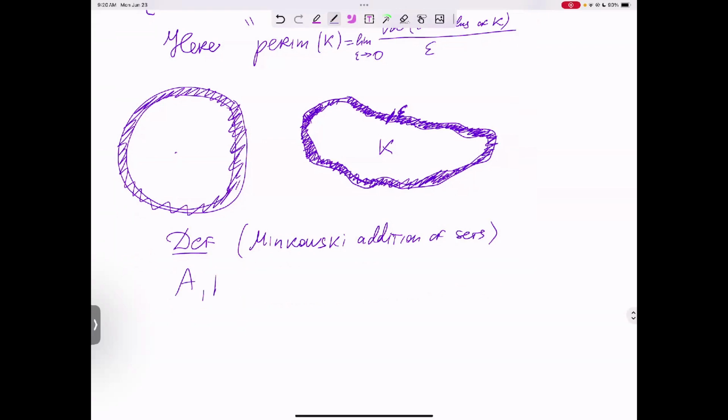Suppose A and B are sets in Rn, or any group, but we will be working in Rn throughout.